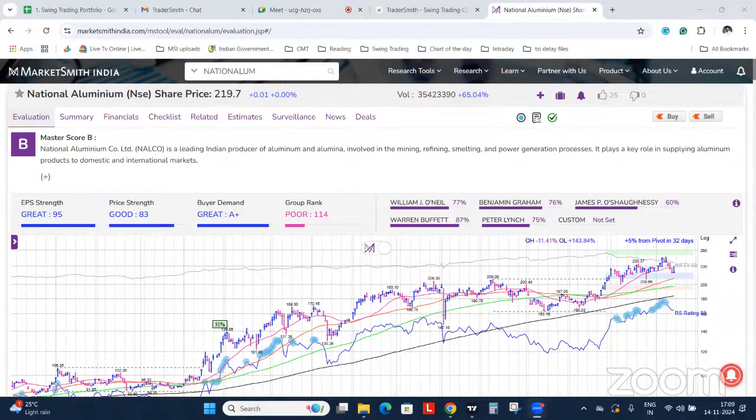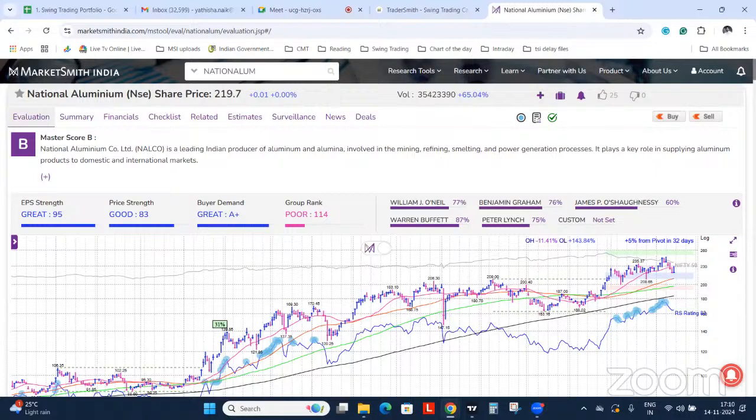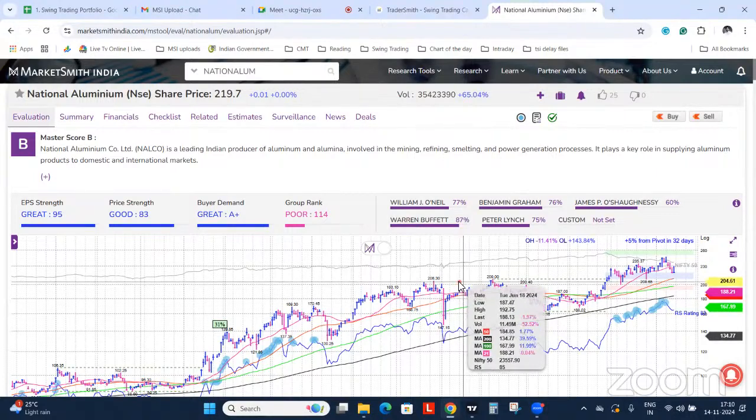So maybe it moves to the 50 DMA. Currently, the 50 DMA is placed in the range of 210, which is almost 5% away. But in my opinion, it may fall beyond the 50 DMA also, so I'm expecting a 200 to 210 zone in the coming days in this stock. Negativity may extend if a further correction happens.